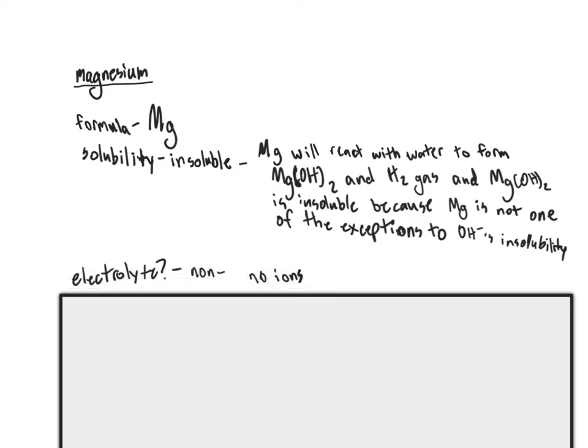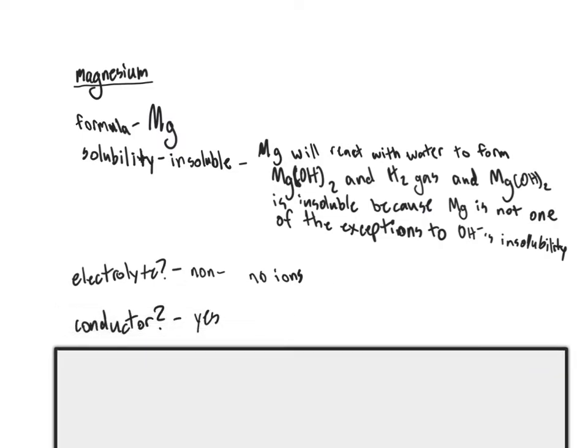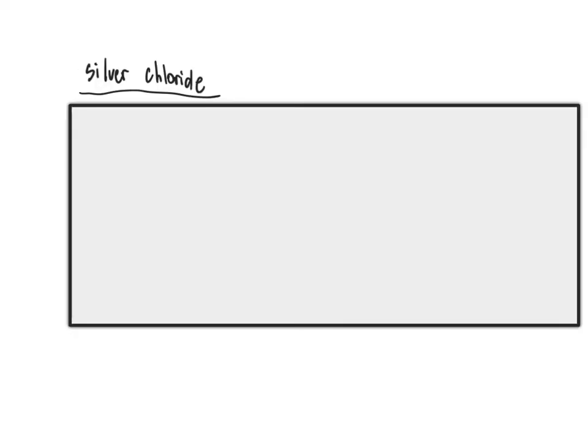Is it an electrolyte? It is a non-electrolyte because no ions are present after the reaction is done. And it is a conductor, though, because before you put it in the water, it is a metal, so it's a conductor.